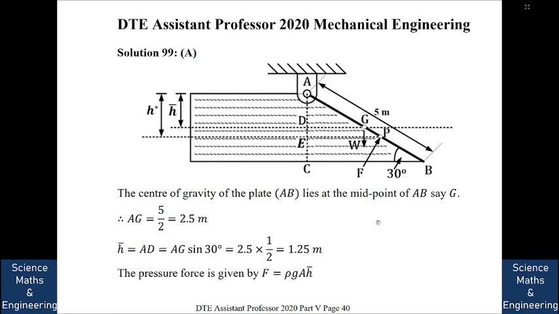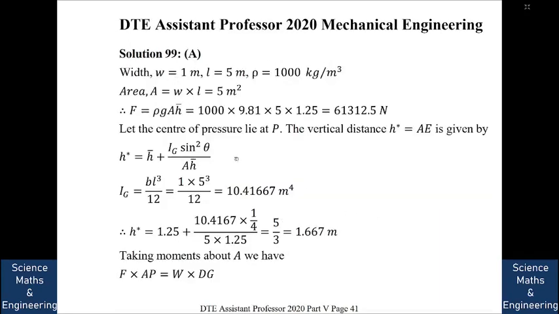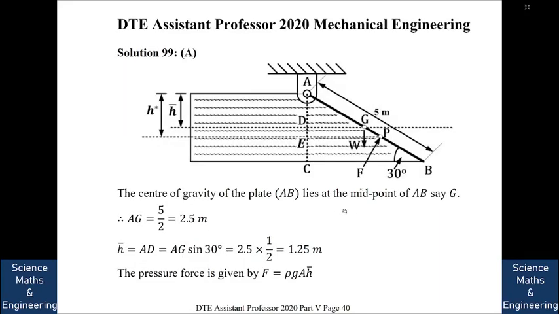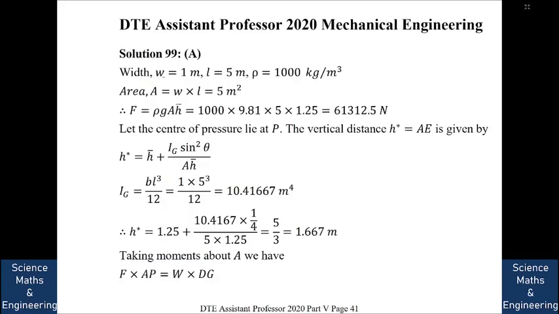So from here we get, now width W is what? 1 meter. Length is 5 meter. Rho is 1000 kg per meter cube, rho and density of water. Area is 5 meter square. So per unit width we are saying, so we are getting 1, right? So F is equal to rho g into A into h bar. So it is equal to 61312.5 Newton.